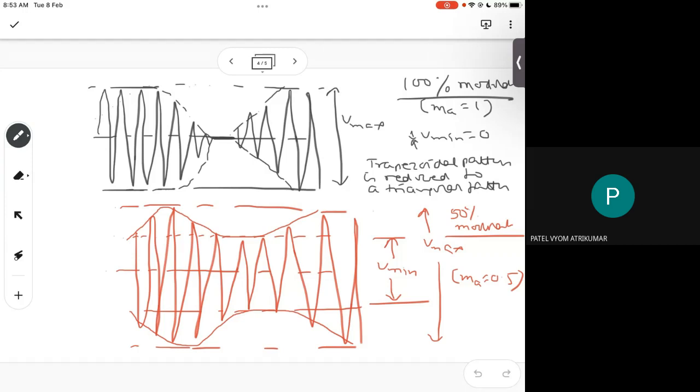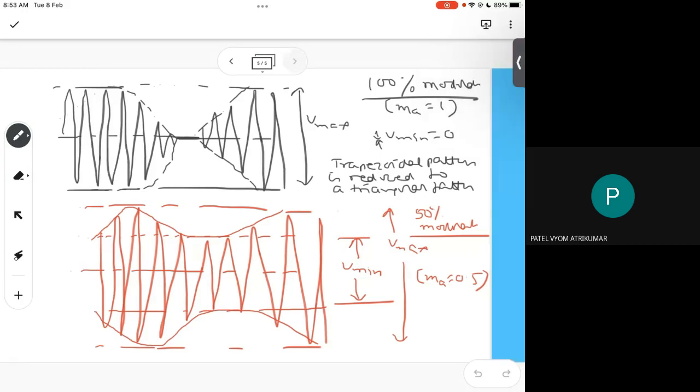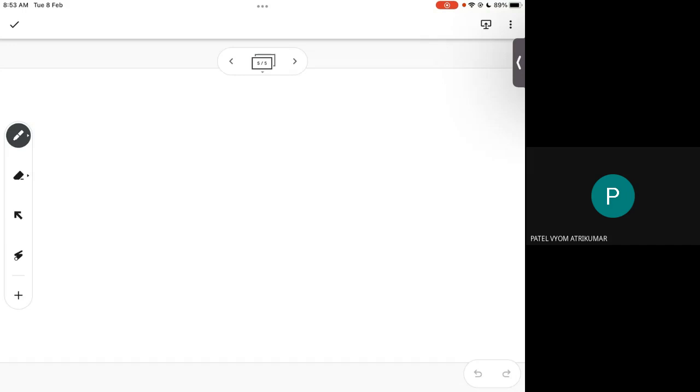So what we see here, when we do the 50% modulation, you will see a pattern like this, that your V minimum will not go to zero, but it will be something halfway as compared to the V maximum. And then we have another case which we'll also do as part of the experiment, because we have seen the case of over modulation also. So in over modulation, what will happen?